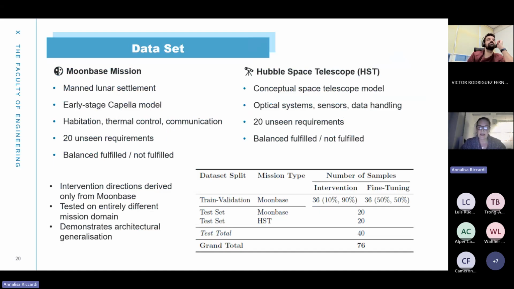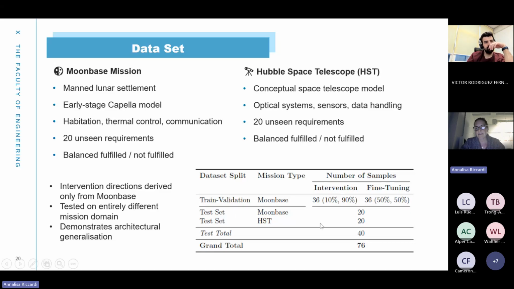To demonstrate the efficacy of these intervention techniques, we use two models: a model for the moon base mission that was provided by the student at the International Space University, and the Hubble Space Telescope model that was just found online. They're both Capella models, so they interface well with our system.